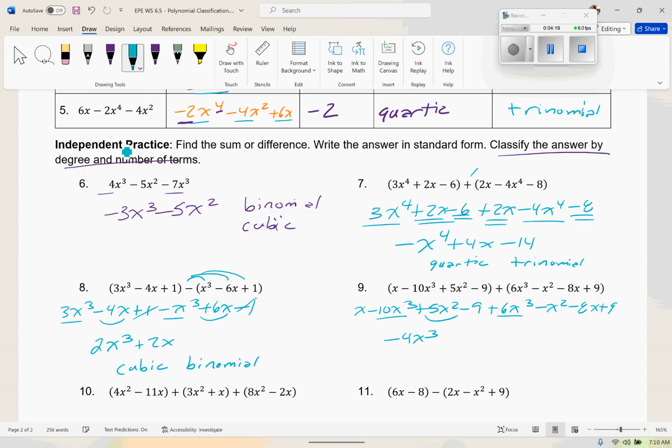Then I have 5x squared minus 1x squared, so that's going to be 4x squared. And then I have a 1x and a negative 8x, so that's negative 7x. And it looks like my 9's cancel each other out. So my highest exponent is 3, so it's cubic. And there's three terms, so this is a trinomial.